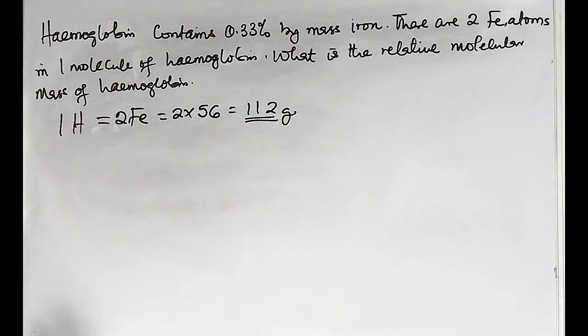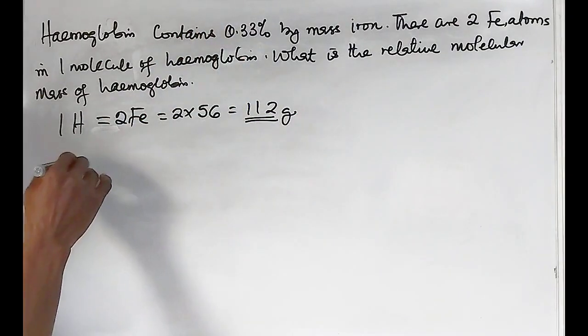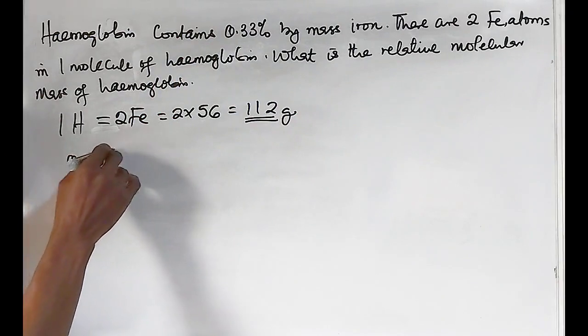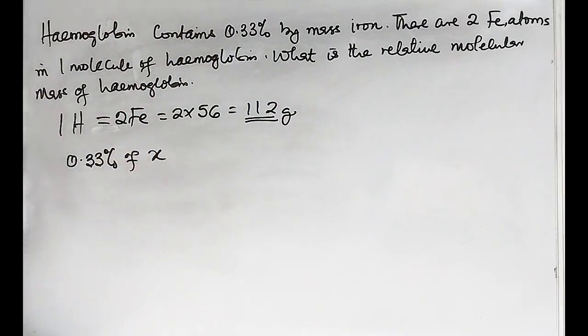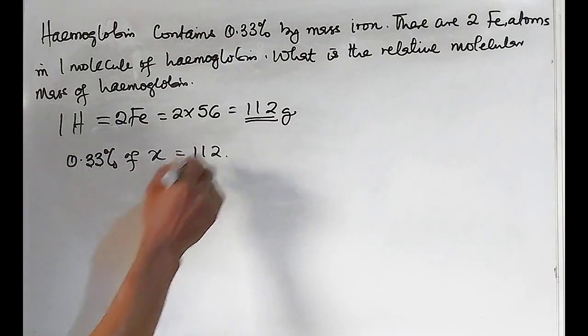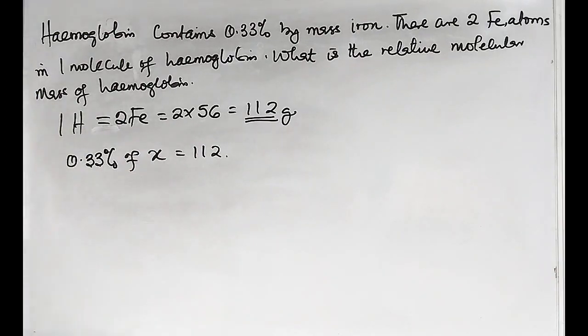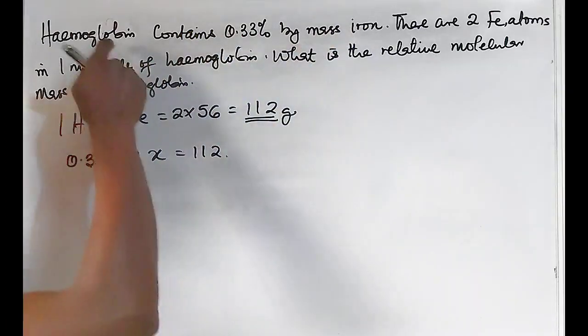Okay, all right, and to this effect here now, 0.33% of what? Let us say that is the mass of the hemoglobin that will give us 112. Okay, take note that it is 0.33 by mass of iron.